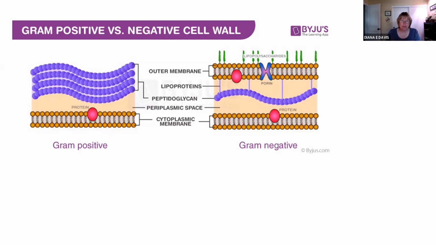Certain types of medications or antibiotics, like penicillin, will block cell wall manufacturing or repair. Different antibiotics may target different steps, but for example, they may block making peptidoglycans, or they may block the cross-linking process.